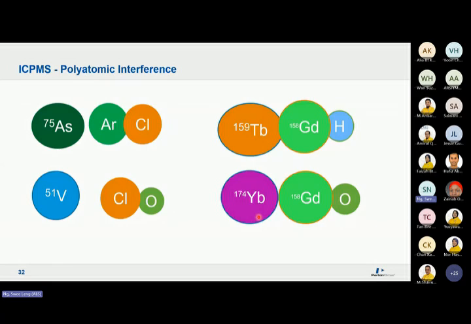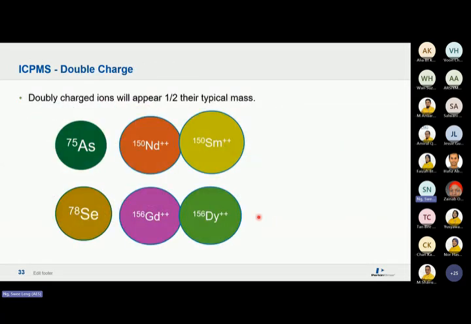And then the third one in ICP-MS is called the double charge. Supposedly in ICP-MS you must make a singly charged ion. But if the plasma is too hot, then you will get a double charge. That means you overdo it, and you become double charge. Double charge means your mass AMU is divided by 2.